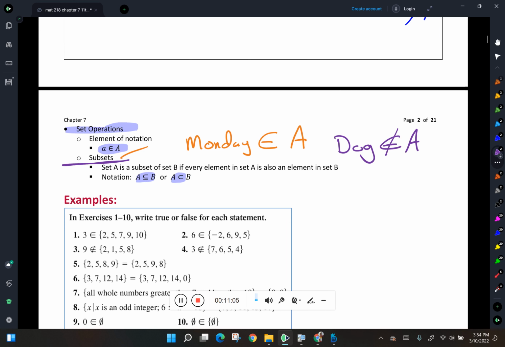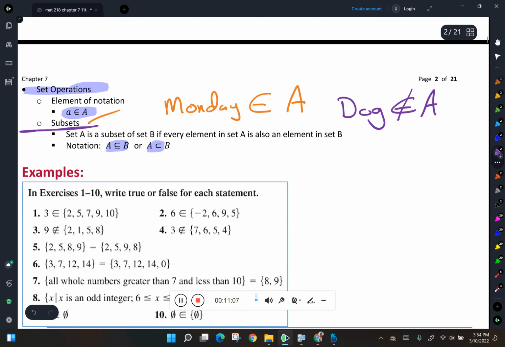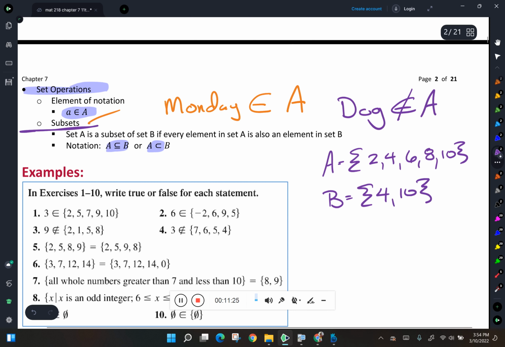Now what I'm going to do is make up a simpler example than the one before so we can work on this. I'm going to redefine it, and say that set A is the set 2, 4, 6, 8, 10. And set B is the set 4, 10. Okay? And now my question is, is B a subset of set A?